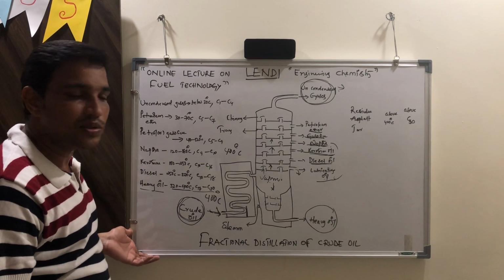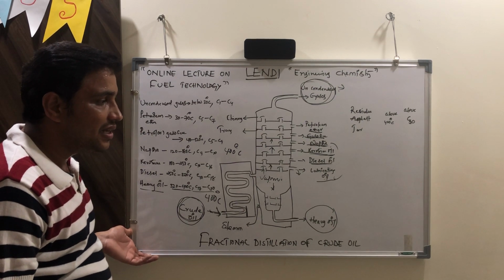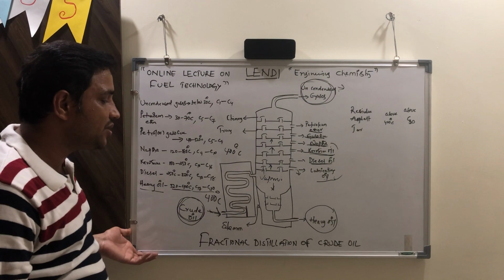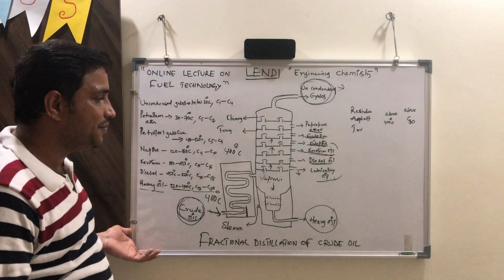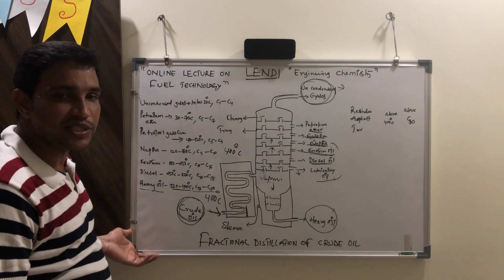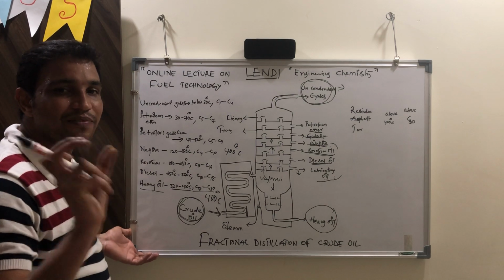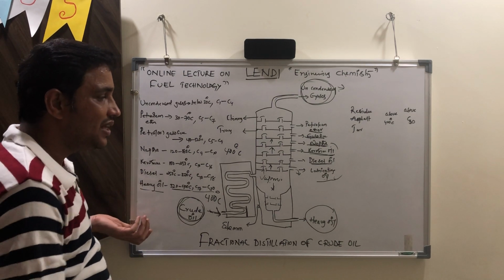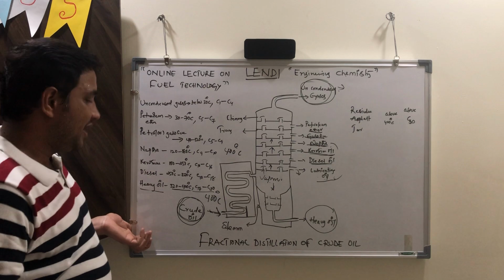When they lose some amount of energy in the form of heat, the temperature reduces. At the reduced temperature, we will get another fraction as liquid, which is nothing but lubricating oil.